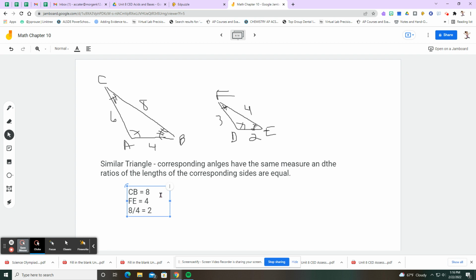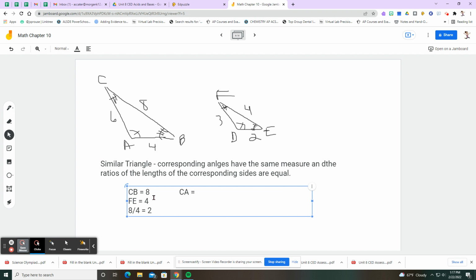And then I look at another side. Pick another one. So let's look at side CA.